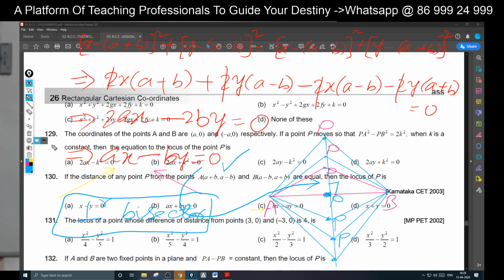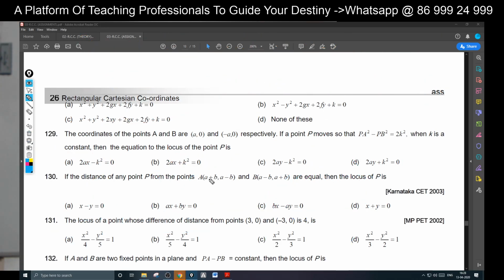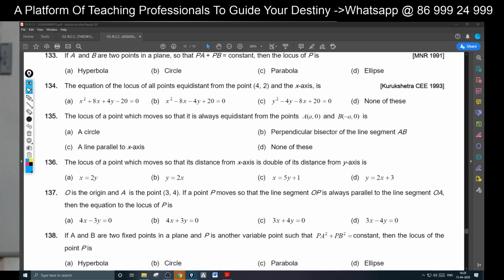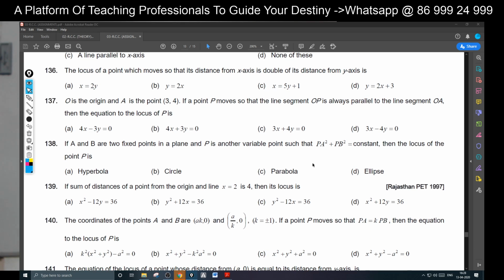Now we have more and more problems on the locus, and I don't simply say the locus is completed, because if all the problems in the locus are worked out thoroughly, I say the entire coordinate geometry becomes easy for you.